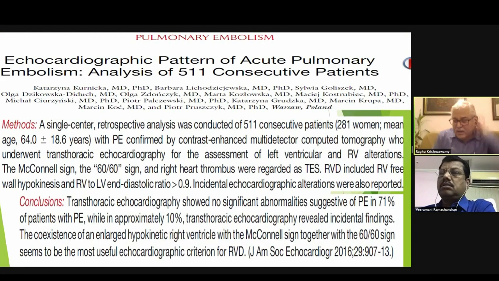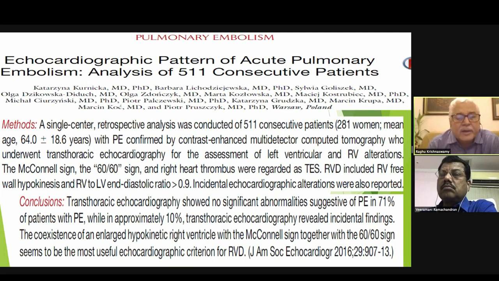Now, this was another very interesting study, a very good analysis: the echocardiographic pattern of acute pulmonary embolism, an analysis of 511 consecutive patients, again in the Journal of the American Society of Echocardiography. Their method was a single-center retrospective analysis of 511 patients.